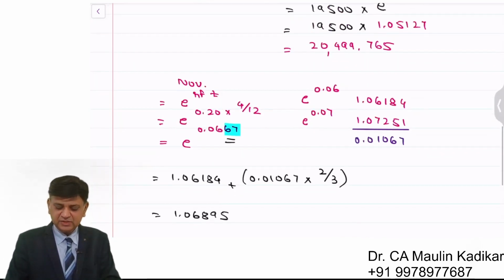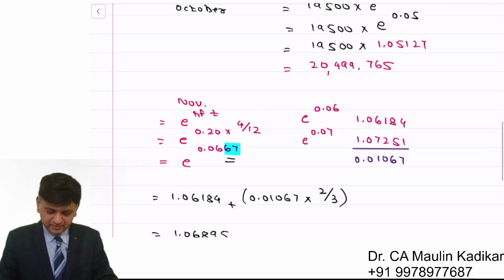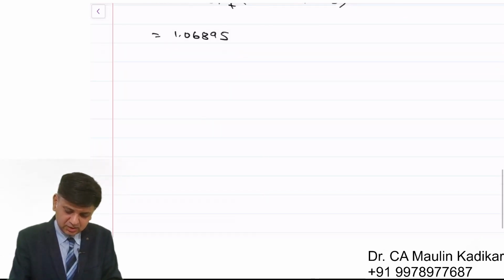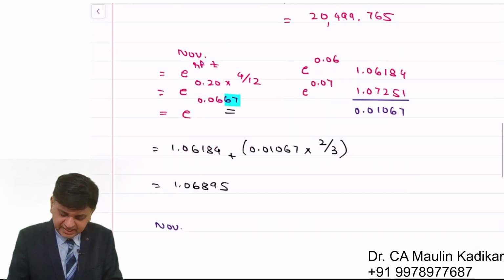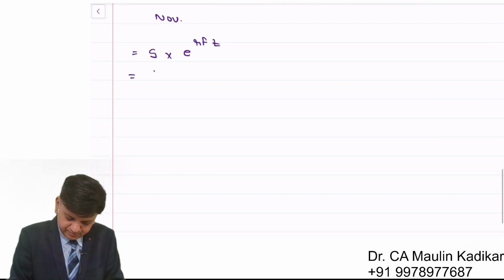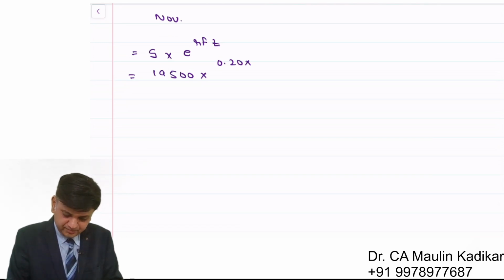Okay. Afterwards, we are required to compute the future value for the month of November. So for the November month, it is spot into e raised to rf into t. Spot value is already given to us, 19,500. RF is 0.20 and time period is 4 months: August, September, October, November. So it is 4 divided by 12.